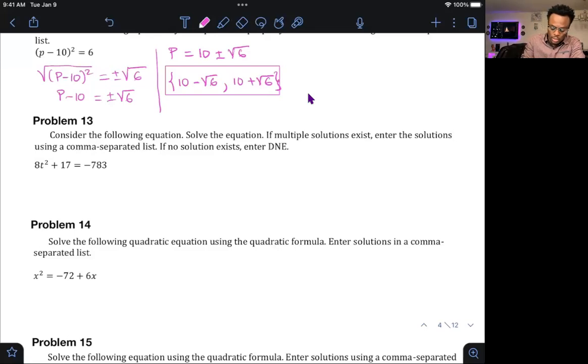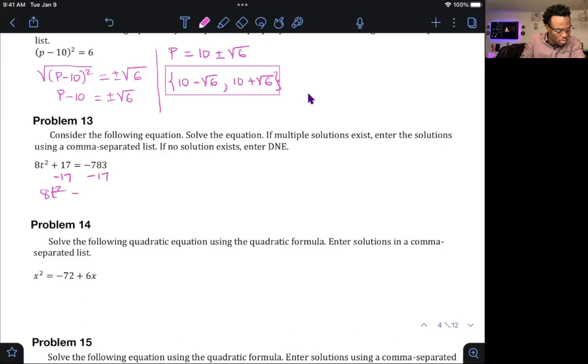In this case, since you do not have a linear term, which means the term with the variable to the power 1, we would try to isolate the t squared so we can use the square root property. So let's subtract 17 on both sides.